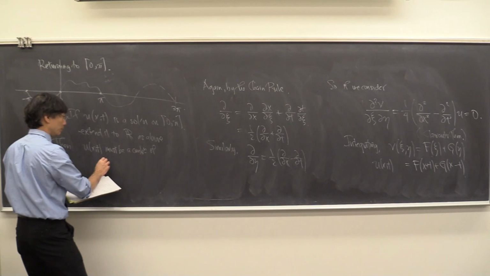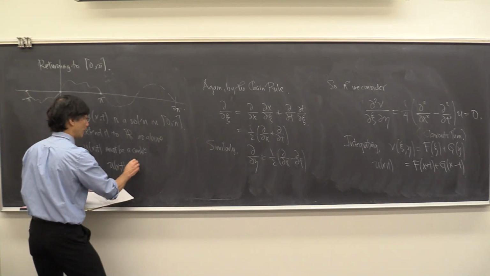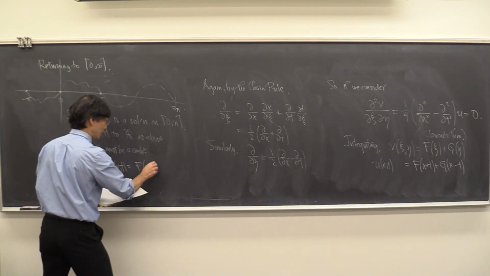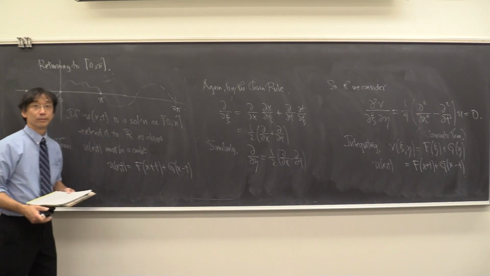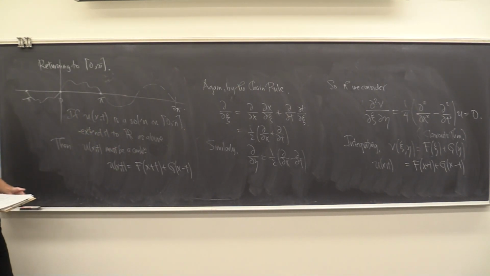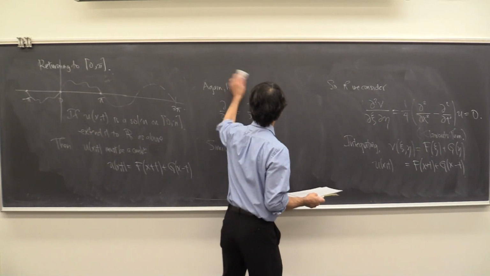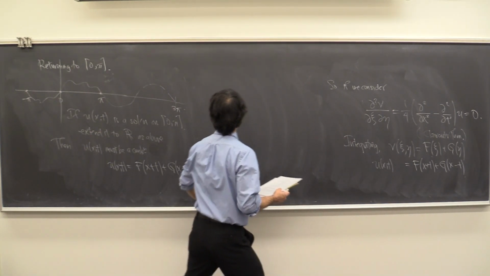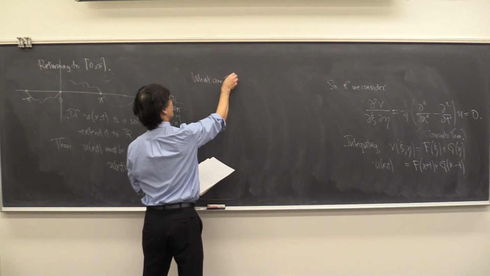It must be some function F of x plus t, plus some function G of x minus t. Okay. So what are F and G?